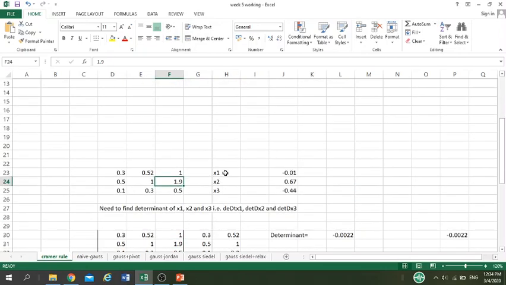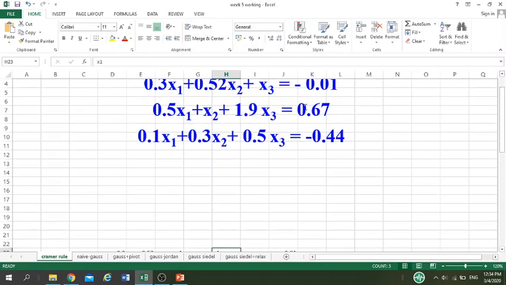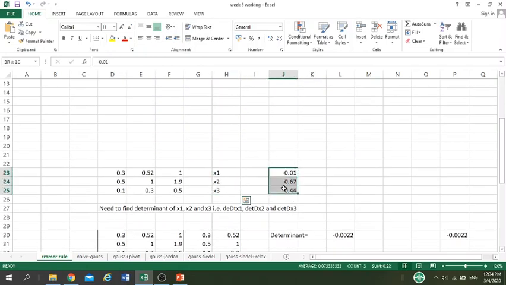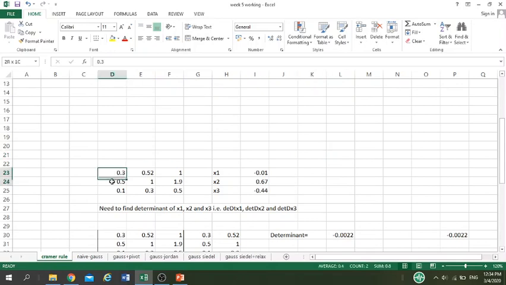The unknowns we arrange in a single column, and the results of the equations we arrange in another single column. So this is how we write down the matrix.